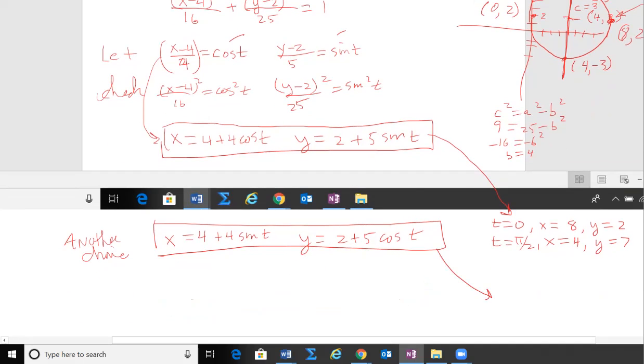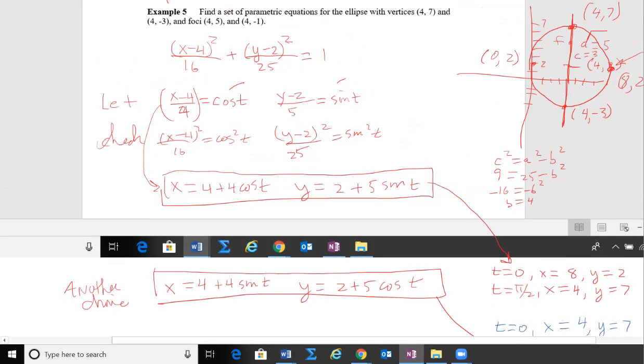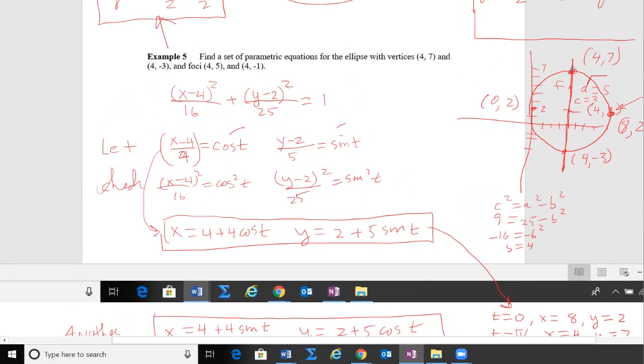This one would have a different orientation. Let's do that, and let's do a different color now. Let's try t equals 0, and we have x equals 4, y equals 7. So now, on the graph, you would be up here. This would be your beginning point, right at the top.